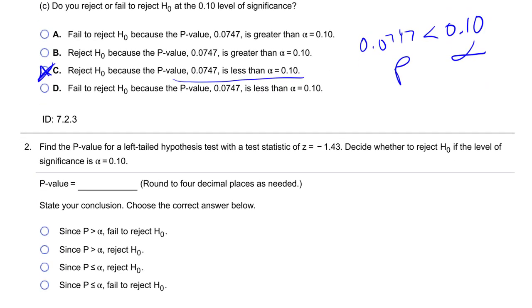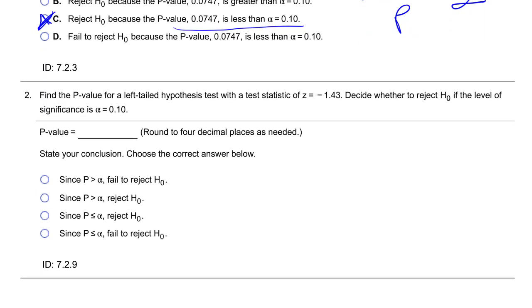Okay. Find the p-value for a left-tailed hypothesis test with a test statistic z equals negative 1.43. Decide whether to reject or fail to reject. Left-tailed, they're telling me negative 1.43. I would have to go and find this area.